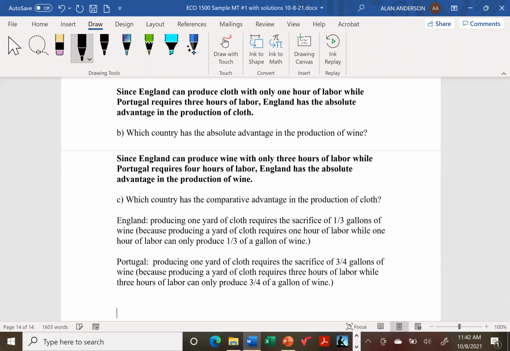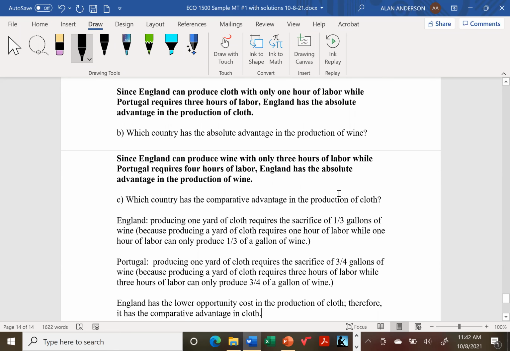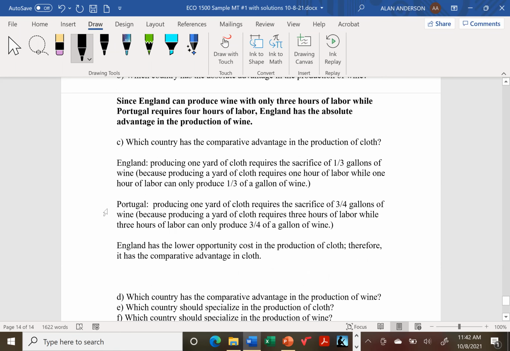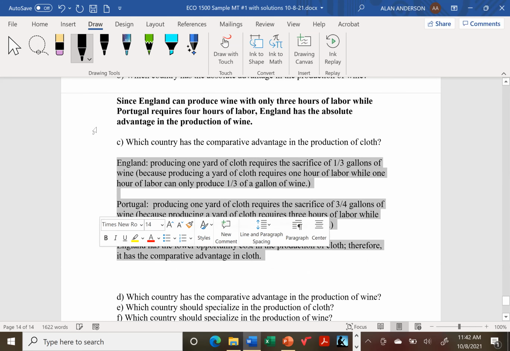So what we have to do is say, well, England has the lower opportunity cost in the production of cloth. Therefore, it has the comparative advantage in cloth. Well, now we're going to do the same thing with wine.